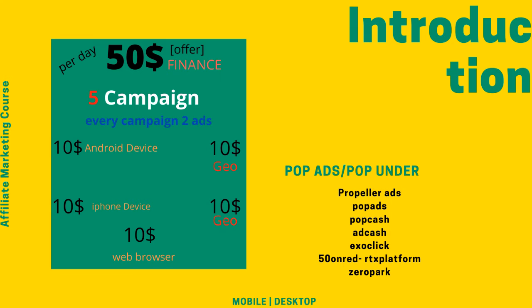So $50 I devote to one affiliate offer, and then let's say there's an offer for finance. What I would do is I would start it with a $50 budget per day, and I would create 5 different campaigns in native.